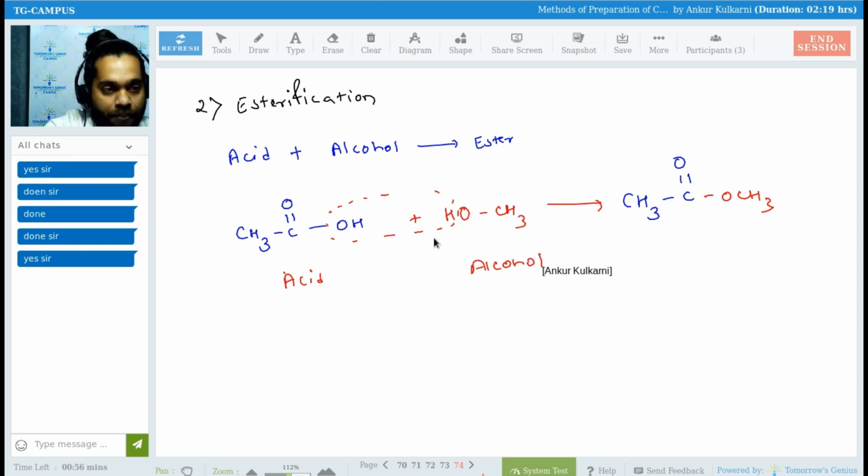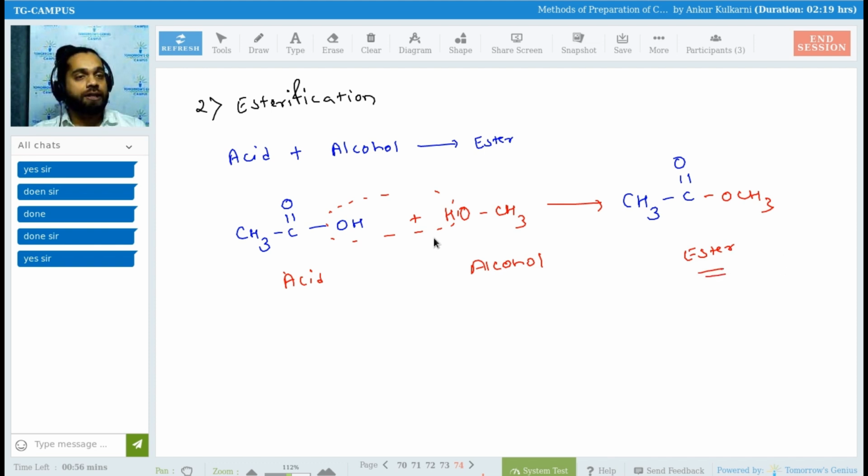What is the name of this ester? Prashanti, Sasidharan, tell me the name of the ester. We have discussed the IUPAC naming of ester today. Methoxymethanoate? Do not ignore the carbonyl carbon. That is 2 carbons, not 1 carbon. Do not make that silly mistake in the exam. It is methyl ethanoate.